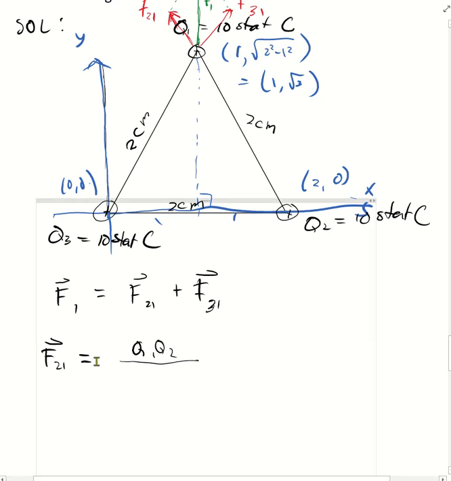The medium is air, so we can use the K constant here directly. Then this will be R squared, or R cubed, multiplied with that R, and this R should be R21. Let's call it R21, from here to here.